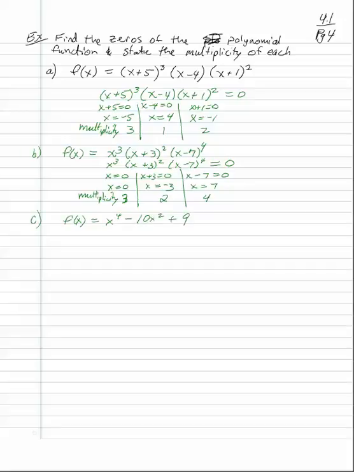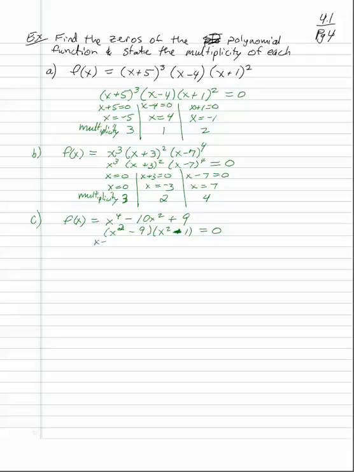Okay, this one, x to the 4th, we have to factor it and set it equal to 0, so that would be x squared minus 9 times x squared minus 1. They're both minus, sorry.